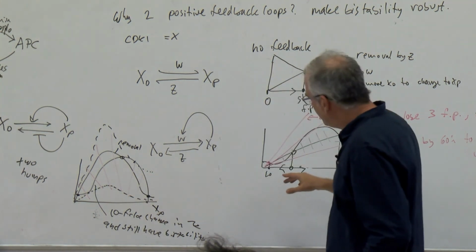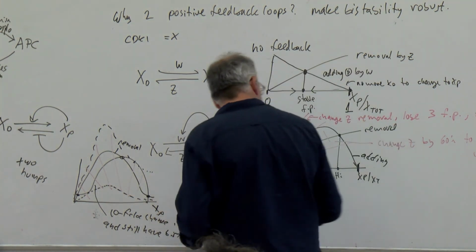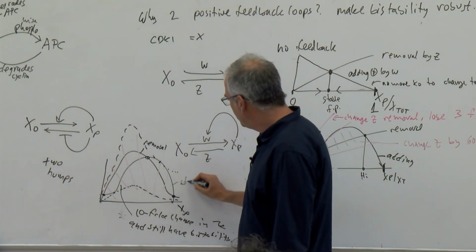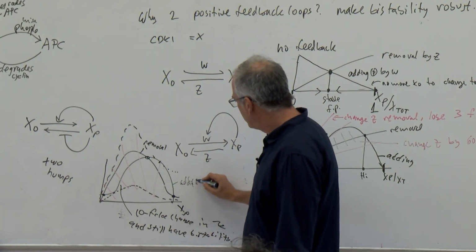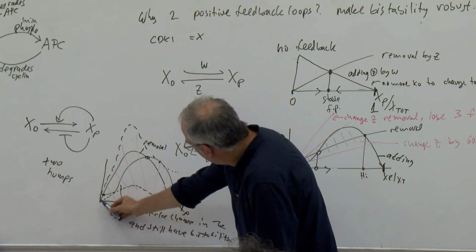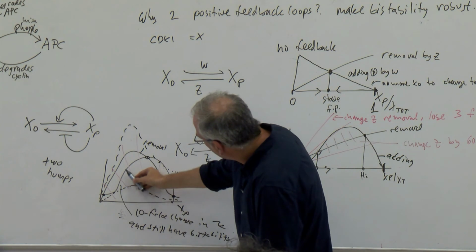What I drew here is removal and addition. When XP is low, addition is low, and then it rises because of the positive feedback loop.